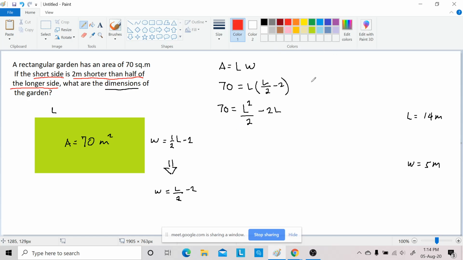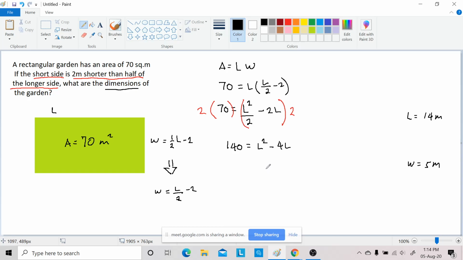Anyone? Multiply both sides by 2. Correct. Okay, we multiply both sides by 2. This one by 2 as well. It will leave us with what? 140 is equal to L squared minus 4L.